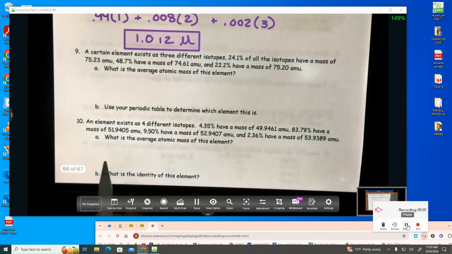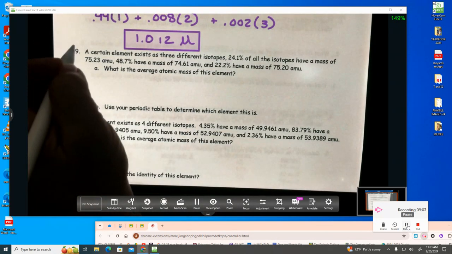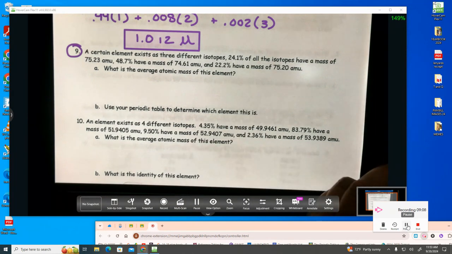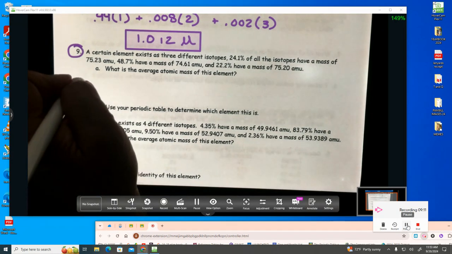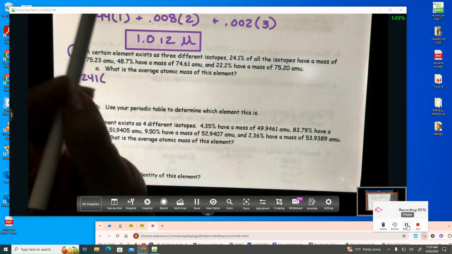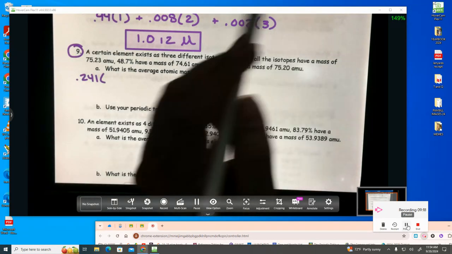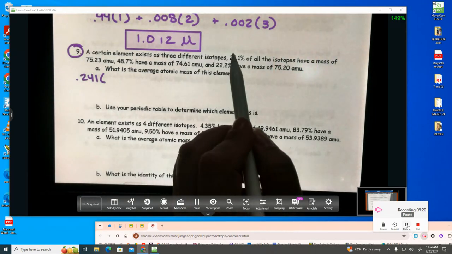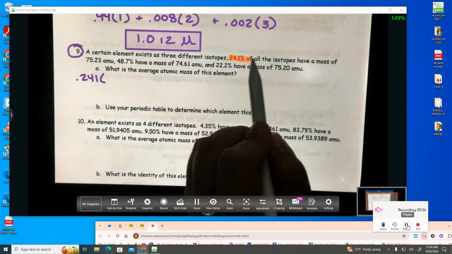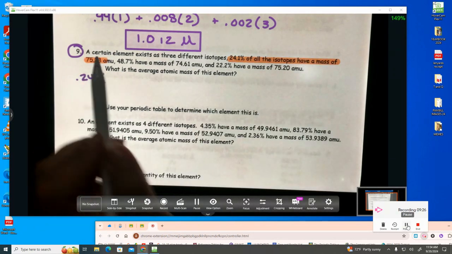All right. Now they give it to us in words. This is the one that was funky. We discovered that doesn't add up to 100%. So our answer is a little bit off, but we'll write it out anyway. 0.241 times. Oh, if you're having trouble with these, take a highlighter if you want. 24.1% of all the isotopes have a mass of 75.23.